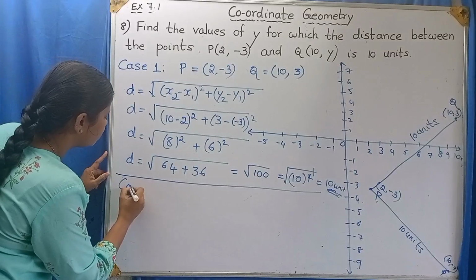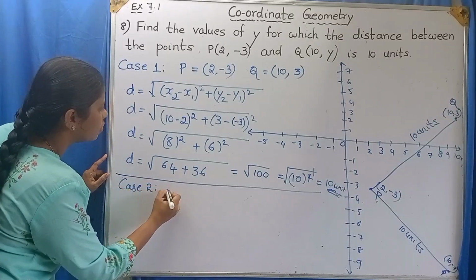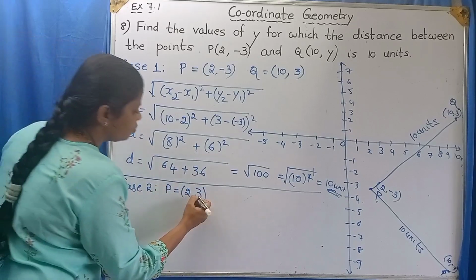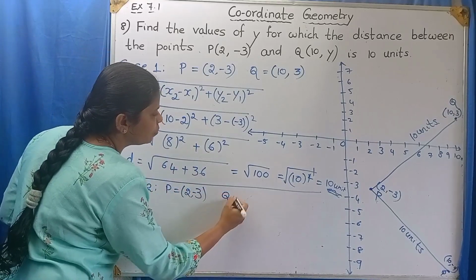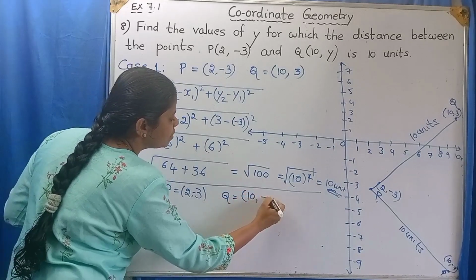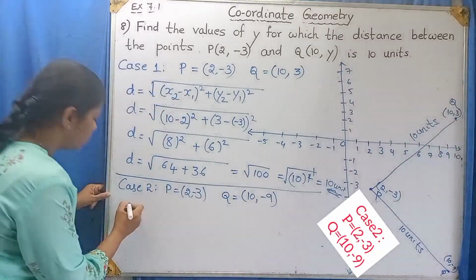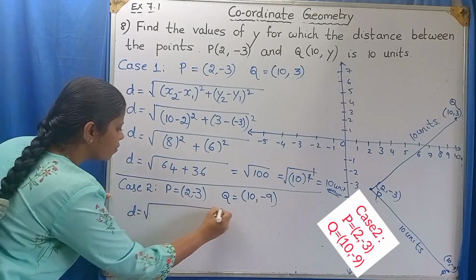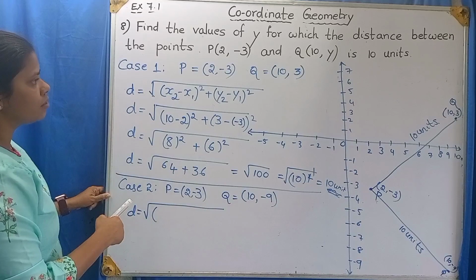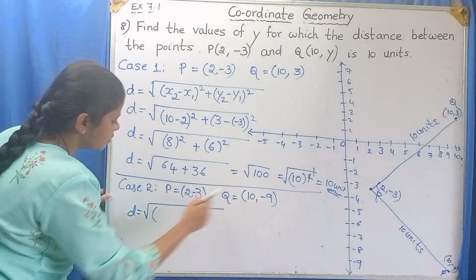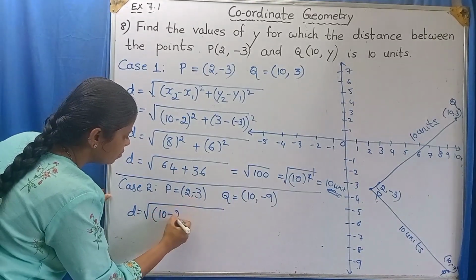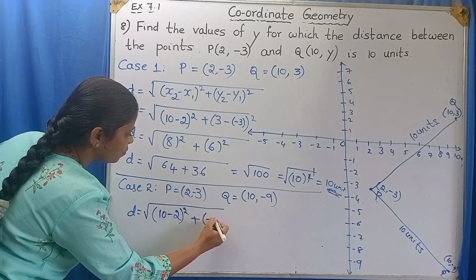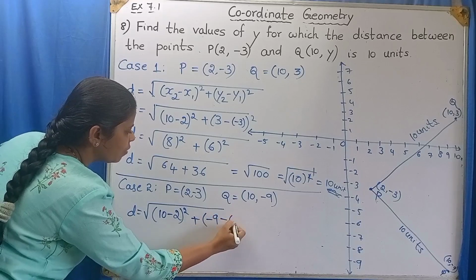Then suppose case 2. What is it? P is (2, minus 3), no change in this. Q is (10, minus 9). Let us apply the distance formula directly. That is, the square root of (x2 minus x1) the whole square plus (y2 minus y1) the whole square. That is (10 minus 2) the whole square, which is 8 squared, plus (minus 9 minus minus 3) the whole square.